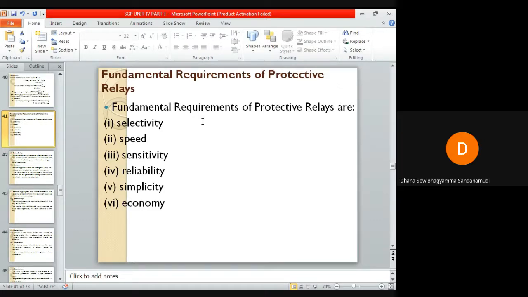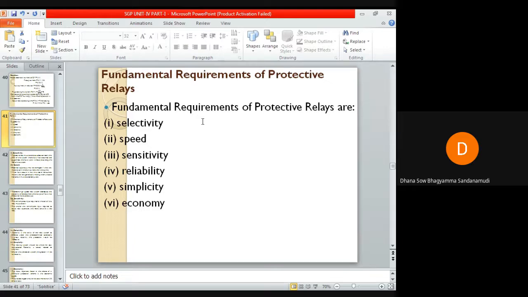The relay moving contact will come in contact with the relay's fixed contact. When that happens, the trip circuit will be closed. When the trip circuit is closed, the source in the trip circuit, which may be a DC source, will energize the trip coil. When the trip coil is energized, circuit breaker contacts are open.